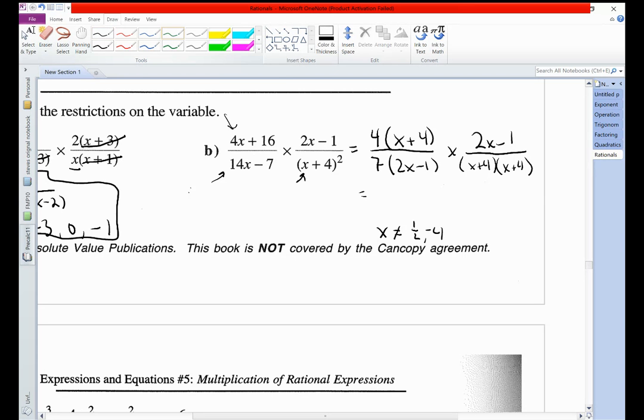So looks like we have an x plus 4 and an x plus 4. We have a 2x minus 1 and a 2x minus 1. So our final answer is going to be 4 divided by 7 times x plus 4, where x can't equal those values.